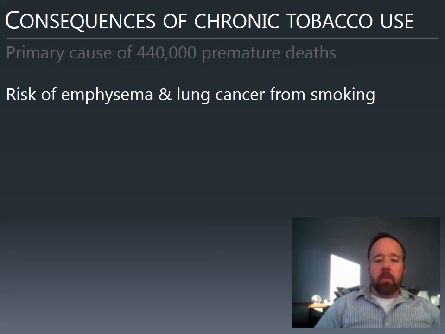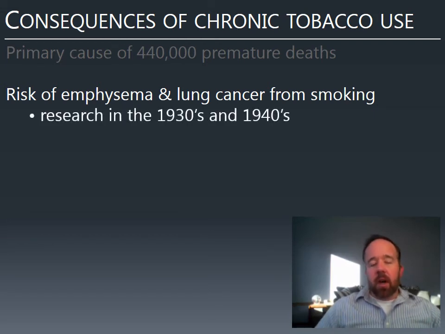It was thought by a variety of people for centuries that tobacco might not be good for you, but we didn't really have any hard scientific evidence until the 1930s and 1940s, and that's when the connection between lung cancer and smoking really started to get established. We had actual scientific evidence that it was bad for the lungs, as opposed to just suspicion for centuries.